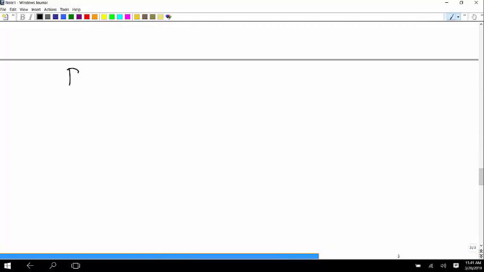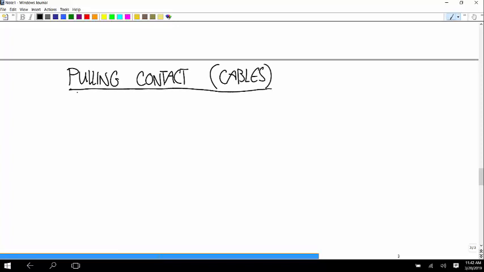And so we'll go on to pulling contact. And we're always going to think of this as involving cables. Because, for example, if I'm pulling this cart this way, the contact between my hand and the cart, the way pulling works, you could replace that with a string or a rope or whatever.